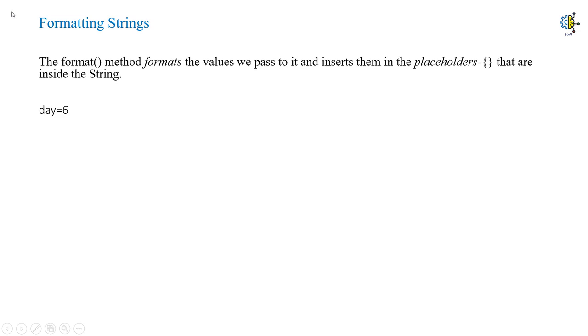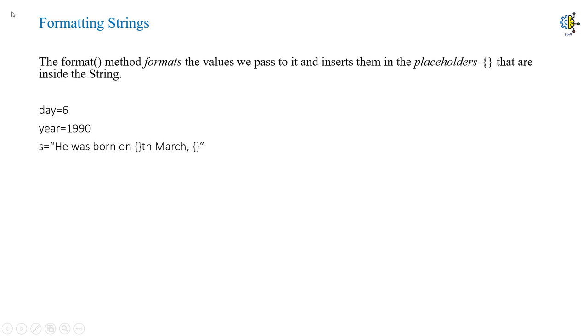For example, here I have two int values, day and year, and here I have a string. Now you can see that I am printing the date of birth of a person, but instead of including the numerical values, I have simply put curly brackets instead.